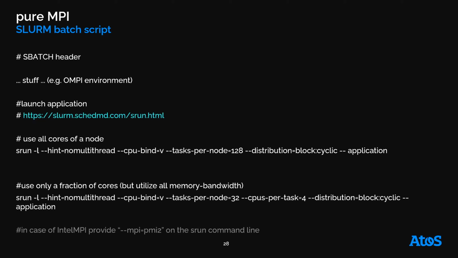If your application is more memory bound and would not profit or even suffer from using too many tasks on a node, you may want to reduce the number of tasks by specifying only 32 tasks per node, but every task will be assigned 4 CPUs or execution slots.